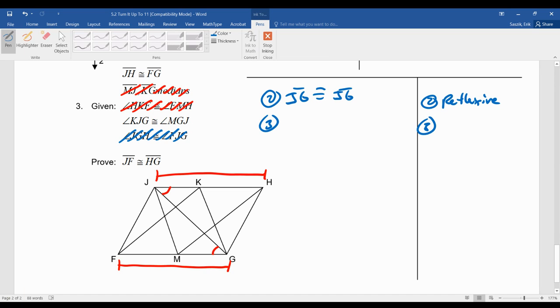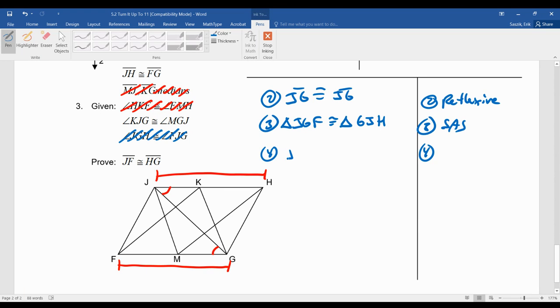And then step 3, we have congruent triangles, don't we? We can say that triangle JGF is congruent to triangle GJH, and that's due to side angle side.